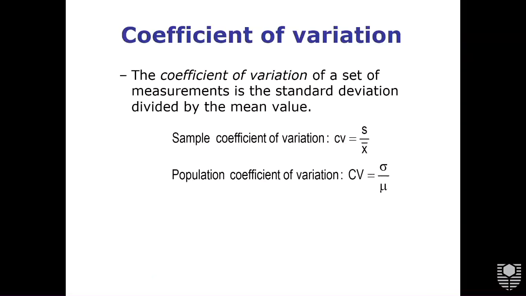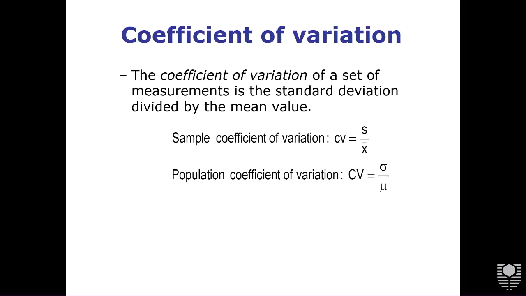The coefficient of variation, again in here, is the relative measurement of the standard deviation to the mean. Again, we have the sample and the population. For the sample, we use small s, the sample standard deviation, divided by the sample mean.